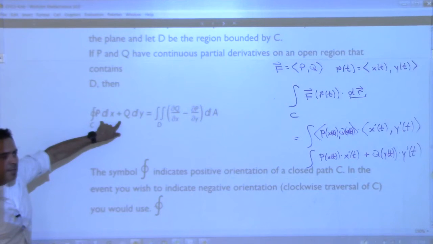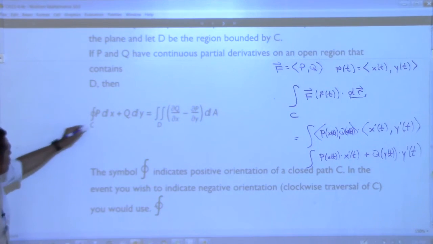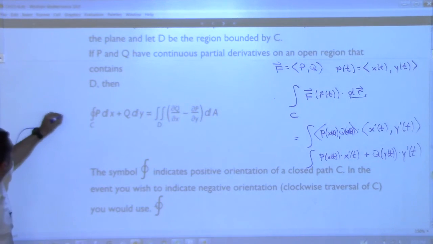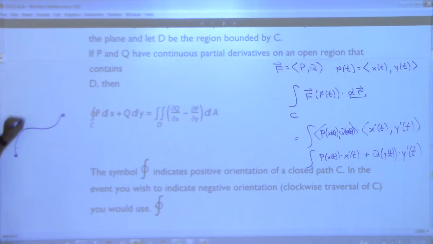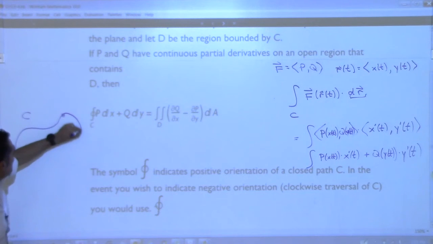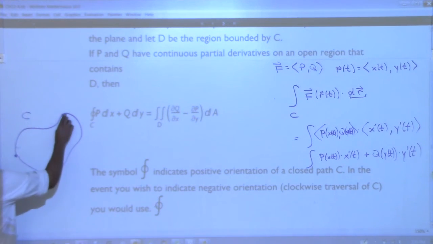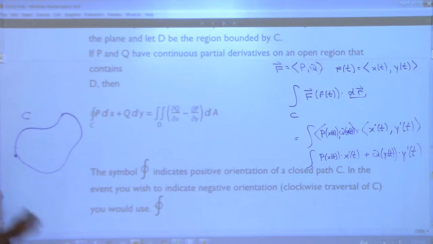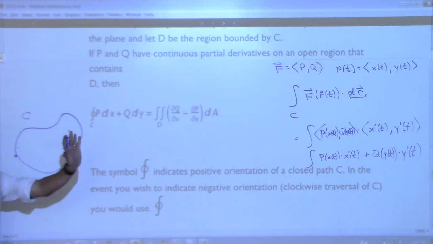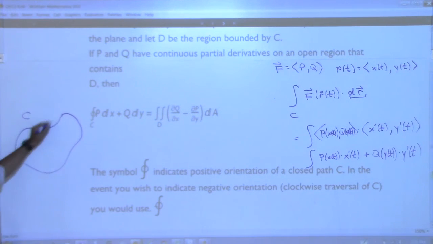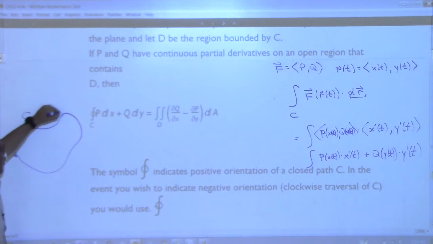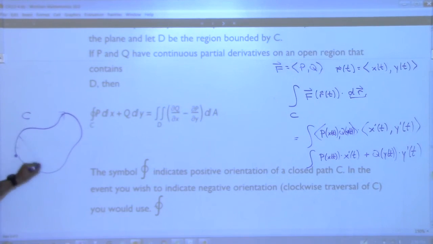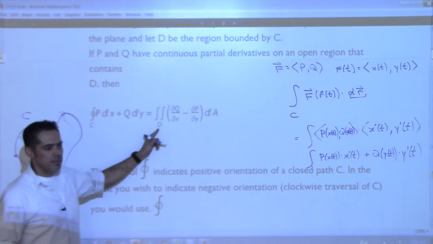What we're going to find with Green's theorem is that if you're trying to calculate work along a path, we have this new theorem that says if the path is closed, and forget conservative, throw all that out the window right now, if you have a closed path and you want to know the work along this path, you can actually do a double integral over the region.